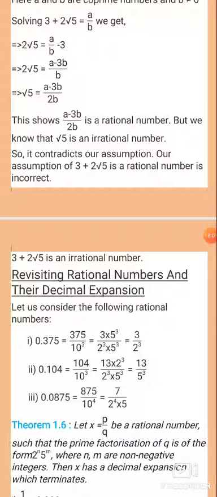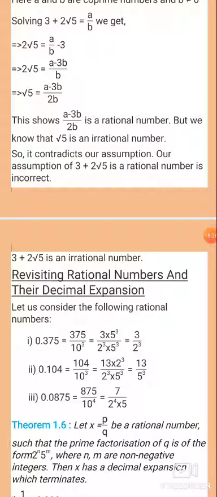Then 0.104, that is 104 by 10 cube. Then we can find out the prime factors, that is 13 into 2 cube by 10 cube, which is 13 by 5 cube. Now the last example: 0.00875.